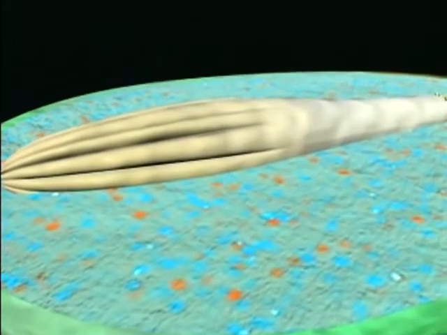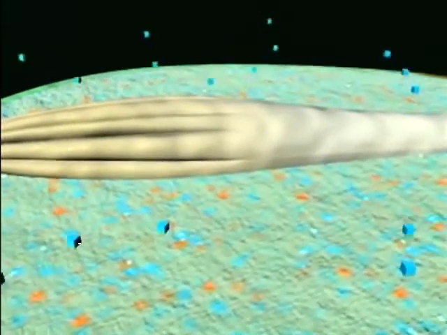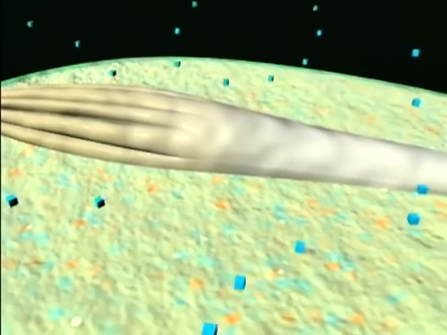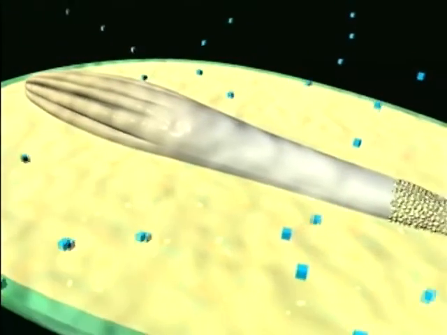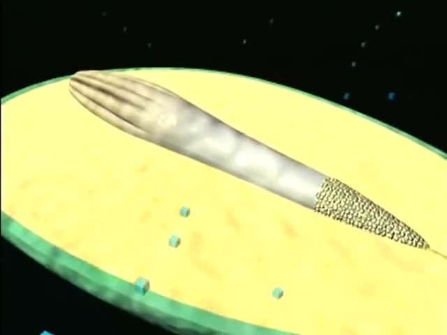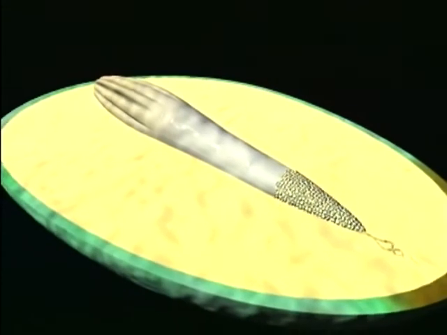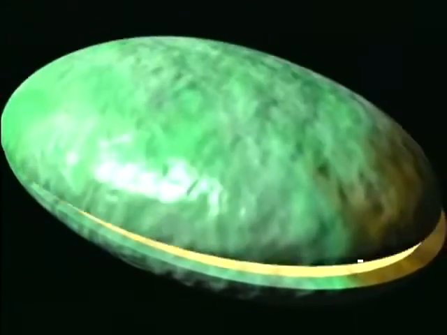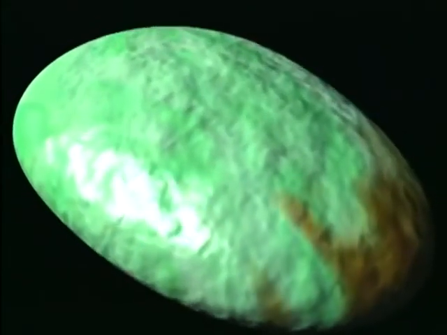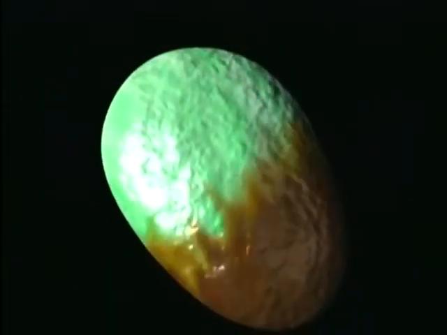Water is removed and the seed enters a resting or dormancy stage. Seed maturation is also accompanied by the transformation of the integument into a tough protective seed coat.